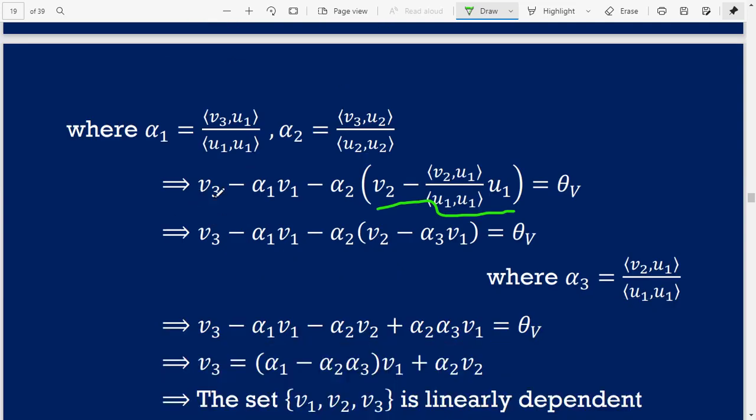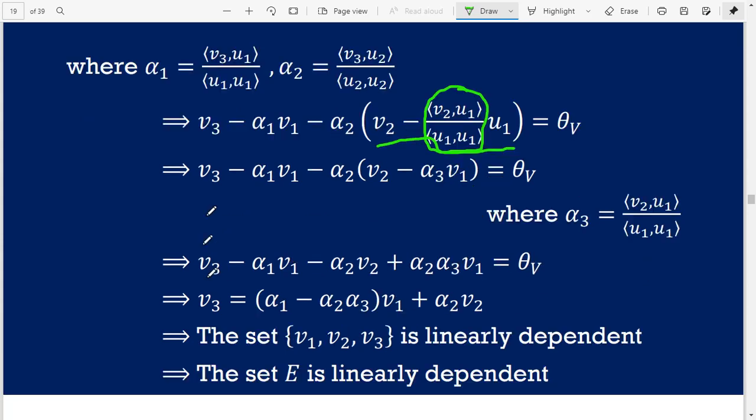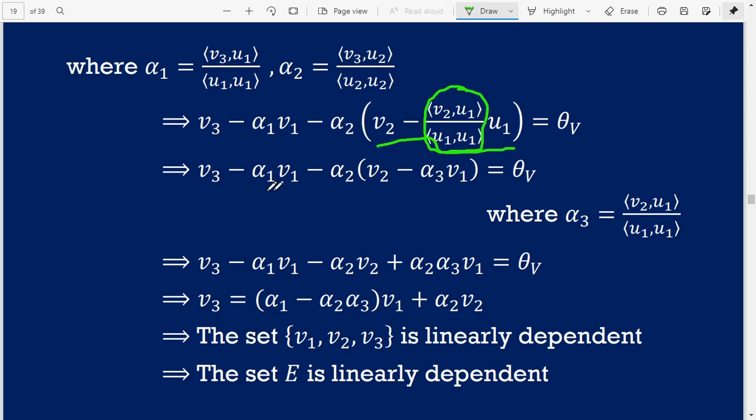So this implies V3 minus alpha 1 V1 minus alpha 2 V2 minus, we consider alpha 3 V1, is equal to 0.